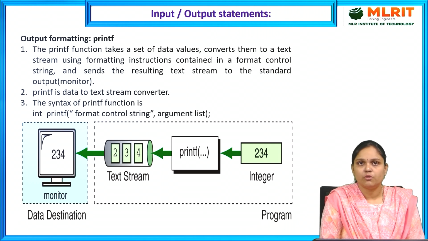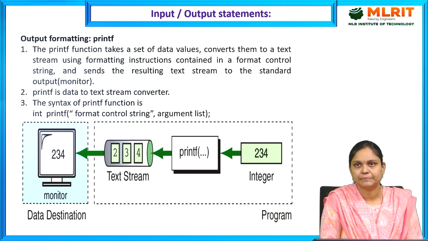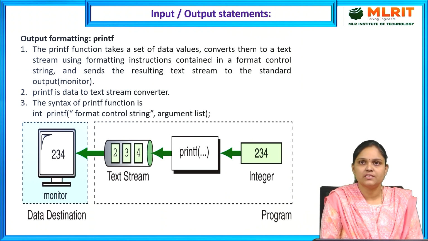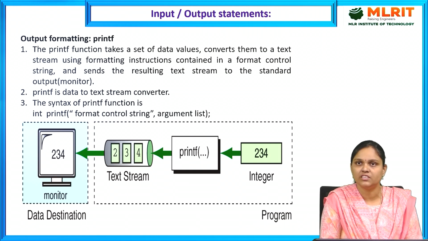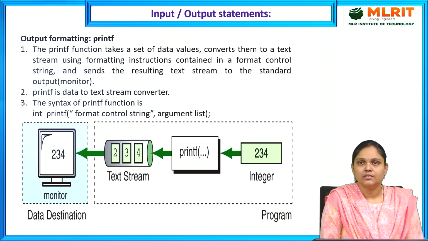Why are printf and scanf called formatted statements? Because they contain format specifiers. As we discussed earlier, the format specifiers are %d used for integer, %f used for float, and %c used for characters. These are the general format specifiers used in formatted input and output statements.